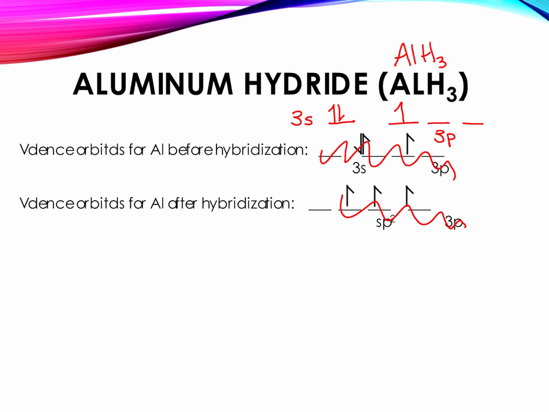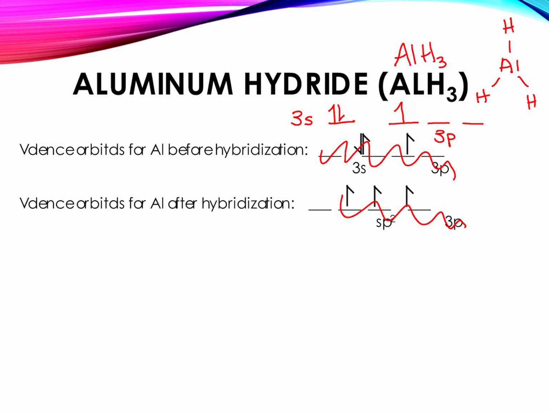If we're looking at the valence orbitals for aluminum after hybridization, we are going to hybridize 1 of the 3s orbitals and 2 of the 3p orbitals so that we can have 3 identical orbitals. Because if we think about aluminum hydride, it's going to be aluminum making 3 bonds to hydrogen.